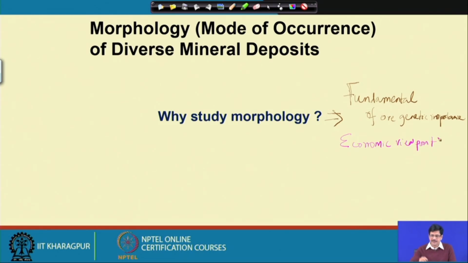because essentially the morphology decides the very method by which the ore deposit will be mined, recovered or exploited in any particular mineral deposit where this ore body has been discovered.